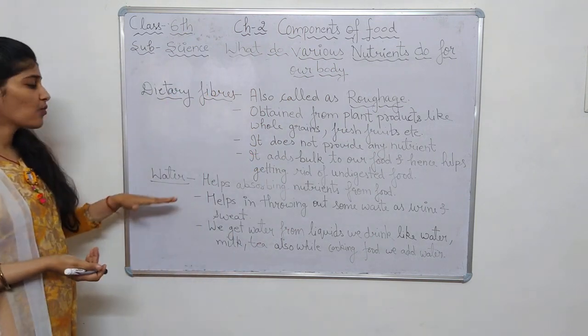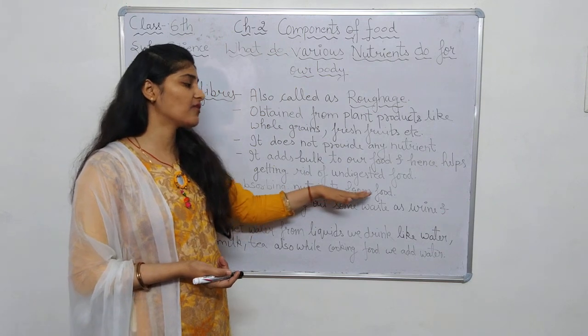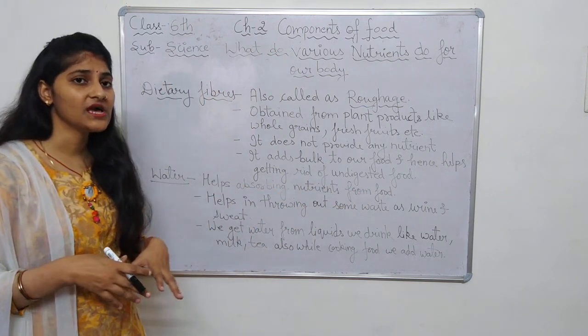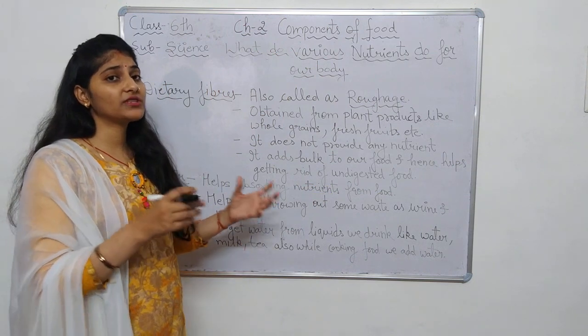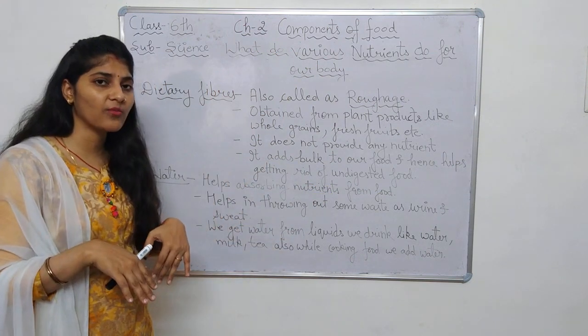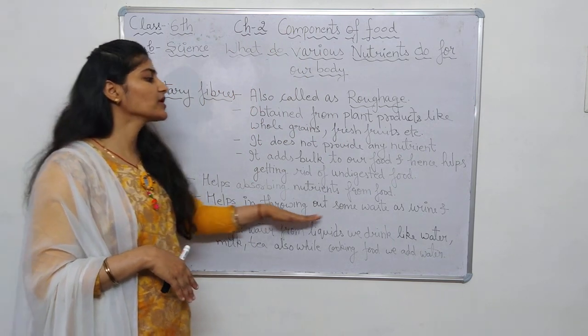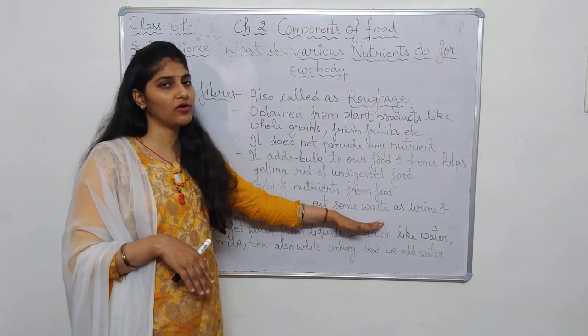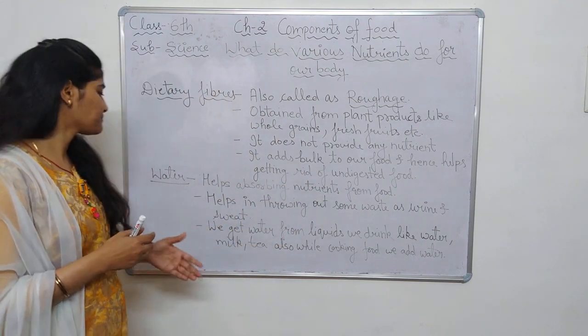Now next is water. Water helps in absorbing nutrients from food. Whatever food we eat, we have nutrients present in the food, but for them to get absorbed in our body, we require water. It helps in throwing out some waste from our body also in the form of urine and in the form of sweat.